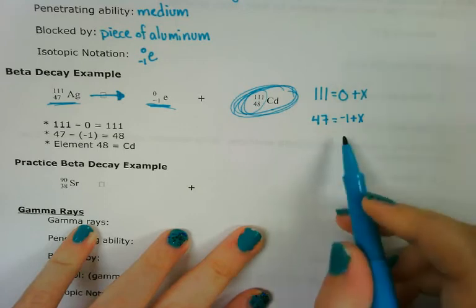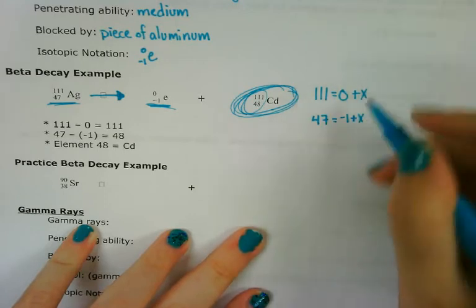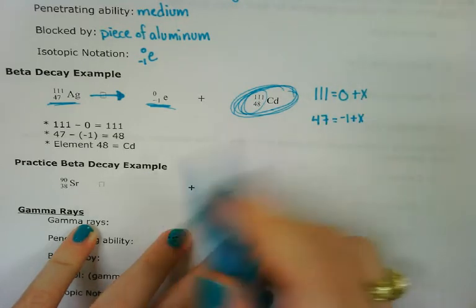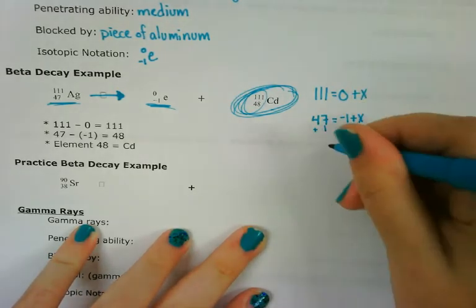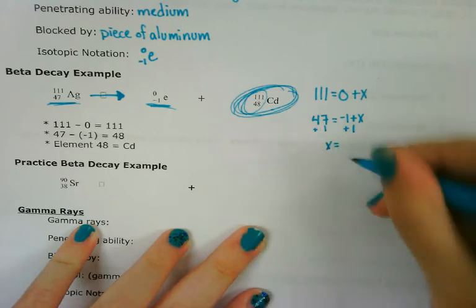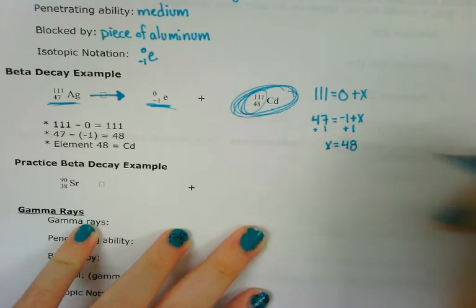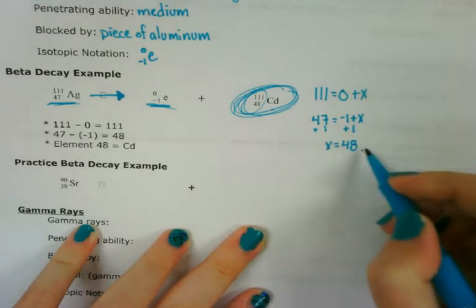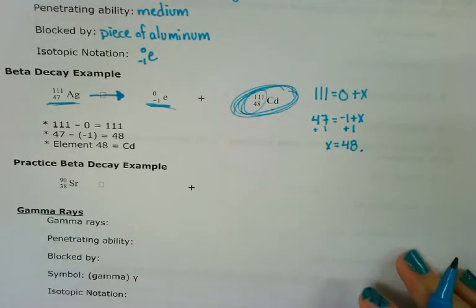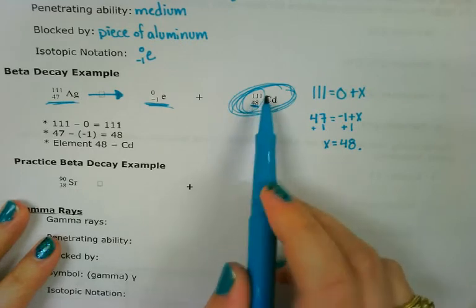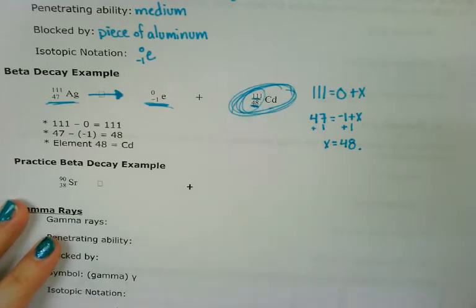And it makes a big difference because now, instead of subtracting like we did on the alpha decay, we're going to add it, because it's negative. Meaning our atomic number is now 48. Not 46. It is 48 because we had to add that 1. So look, that's what we got here. Perfect.